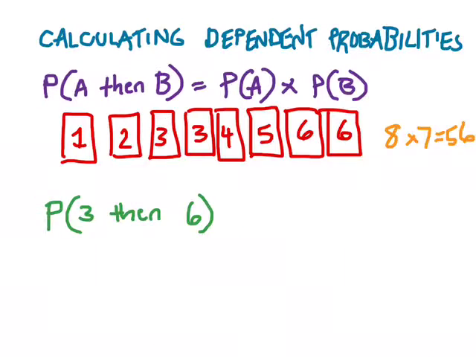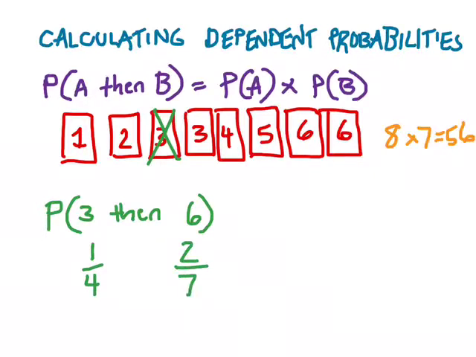Here's another example. Let's say I want the probability of a 3 then a 6. The probability of the 3, again, is 1/4 initially because there's 2 3s out of 8 things. So I have a 1/4 probability of getting that 3. And now I'm going to imagine one of those 3s is gone. The probability of the 6 is going to be 2 6s out of 7 remaining cards.